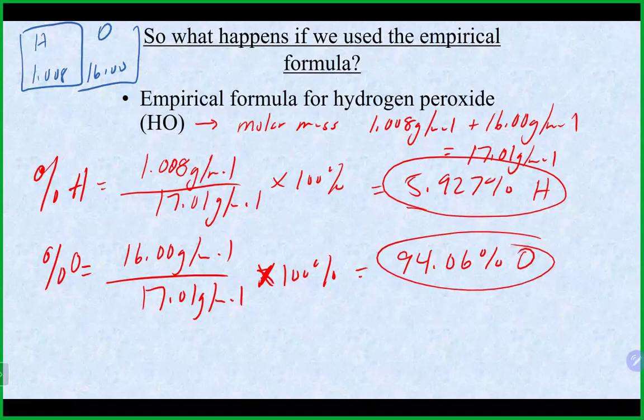And that makes sense because the empirical formula is just the simplest ratio of what's present in the molecular formula. So the mass composition of each of those elements is still going to be the same. So if you know the percent composition of the molecular formula, it should be the same as the empirical formula, because the empirical formula, again, is just the simplest whole number ratio of that molecular formula. Any questions on that there?